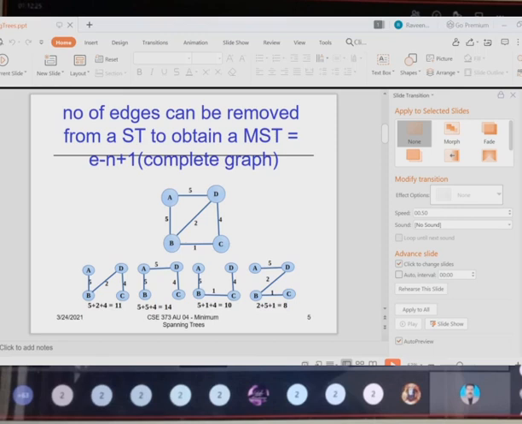So that is all about the minimum spanning tree. Thank you.